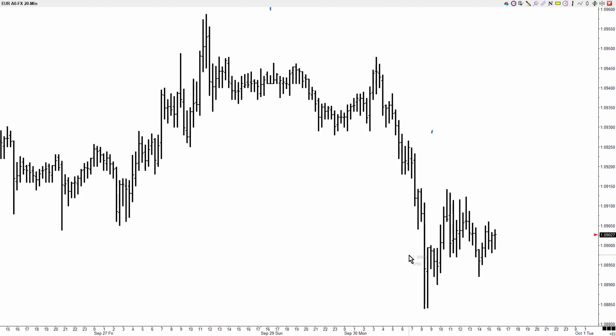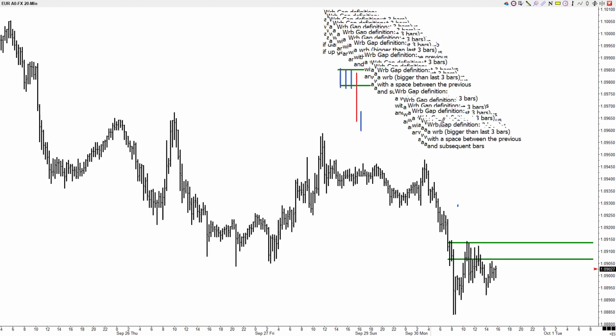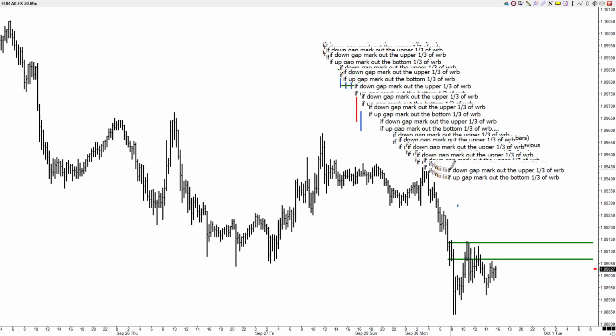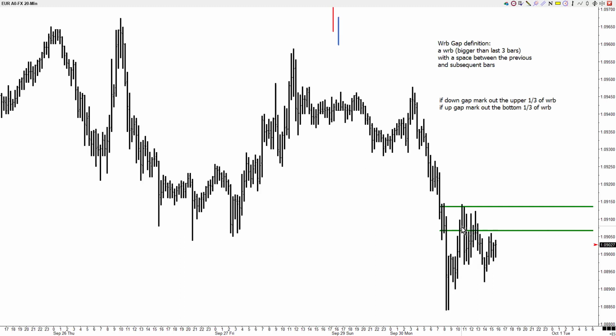And so we picked this guy out and we marked it according to our definitions. Wide range bar, bigger than the last three bars. We're going to mark out the upper third. Now we've done these lessons several times in the sessions. We cycle around, but we always go a little bit deeper into it and learn a little bit more each time.